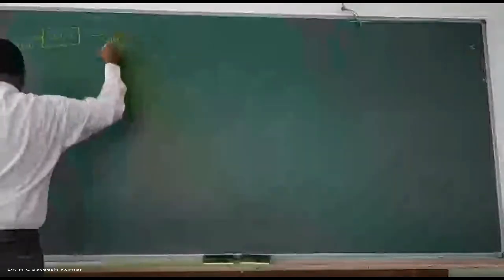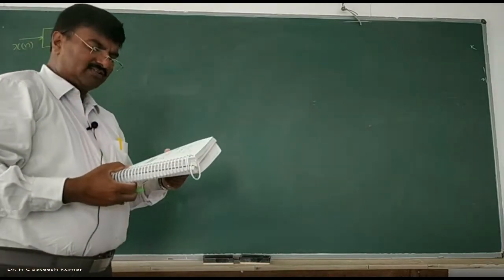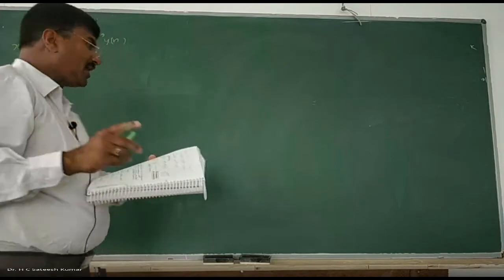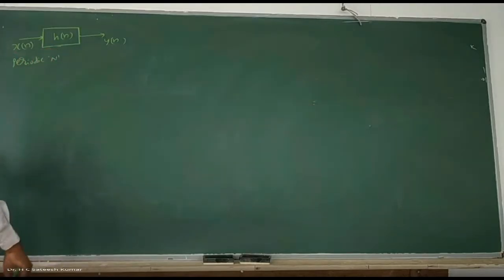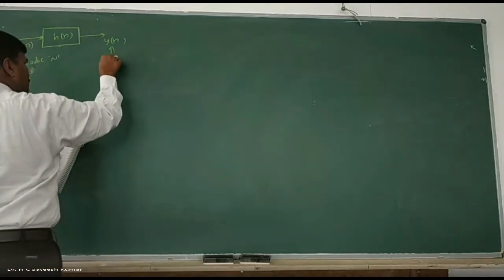Show that if the input x of n of a discrete LTI system is periodic with period capital N, then output y of n is also periodic. That means this is also periodic. You should show it.